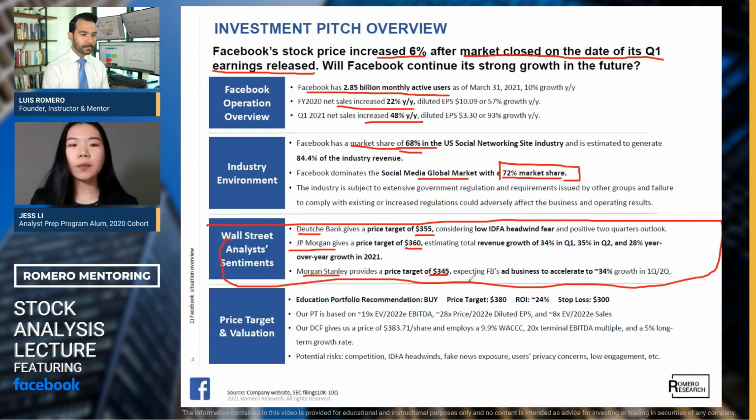So Wall Street analyst sentiment mainly remains bullish on Facebook stock. Their research reports at the end of January were mainly concerned with the IDFA headwinds from the iOS 14 changes from Apple, because they limit advertisers' and small businesses' rights to collect users' data and provide them personalized content, and that is a potential risk for Facebook because the majority of their business is generated from ads.